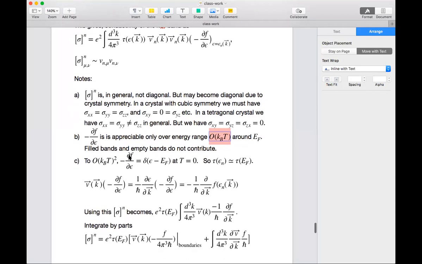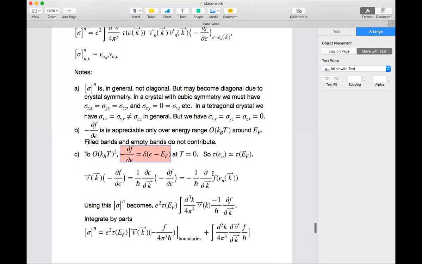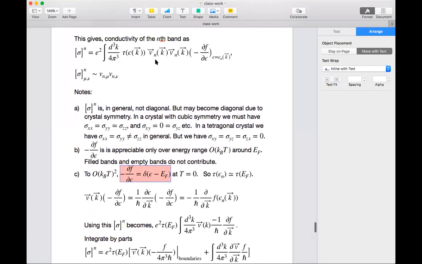And to order kBT squared, I can write this derivative as a delta function. At low temperatures, it is a delta function at T equal to 0. But even at low temperatures, up to order kBT squared, I can replace this by a delta function, delta of epsilon minus EF, EF being the Fermi energy.